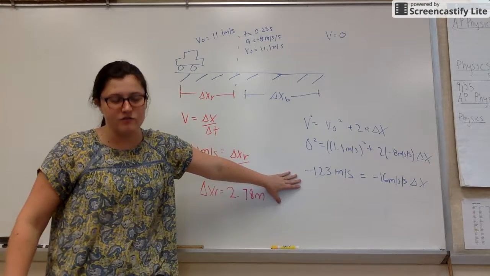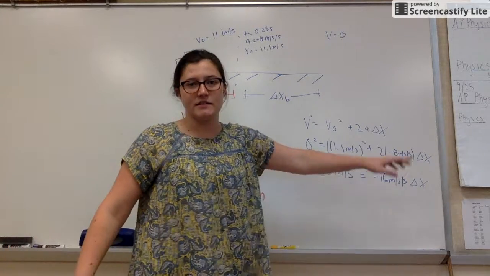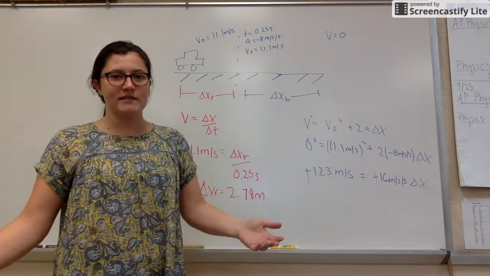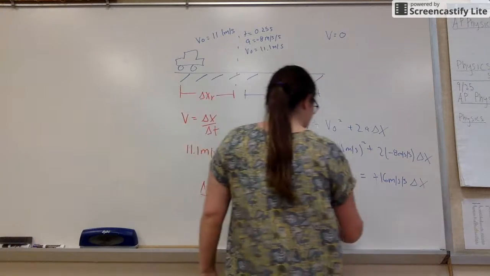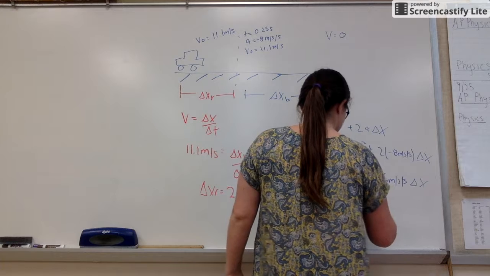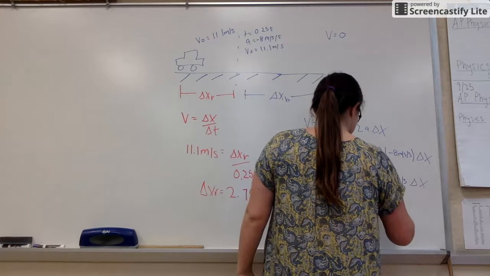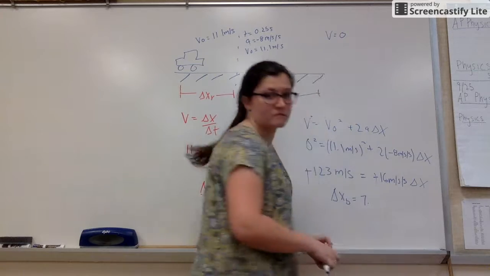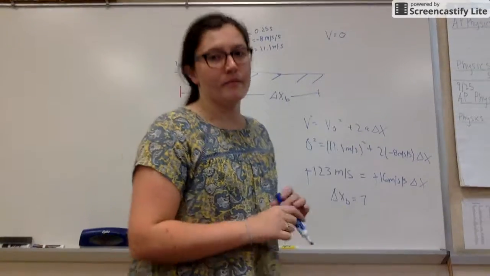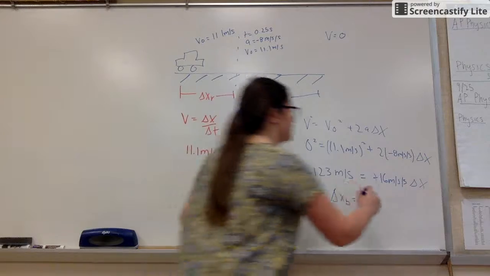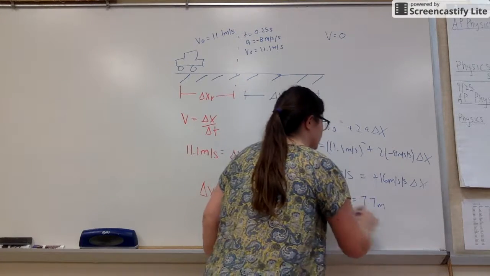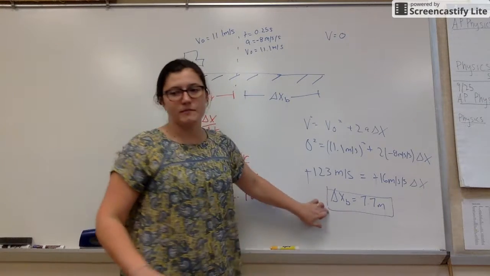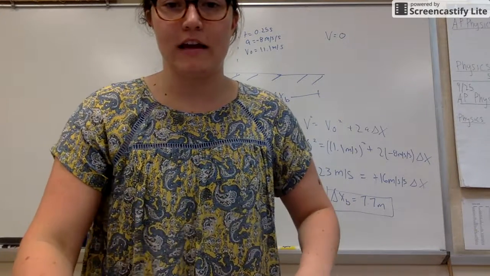We're left with negative 123 is equal to negative 16 times delta x. Negative on both sides gives you a positive. Solve for delta x. You're going to get 7.7 meters, which is the amount of displacement your car will have while braking.